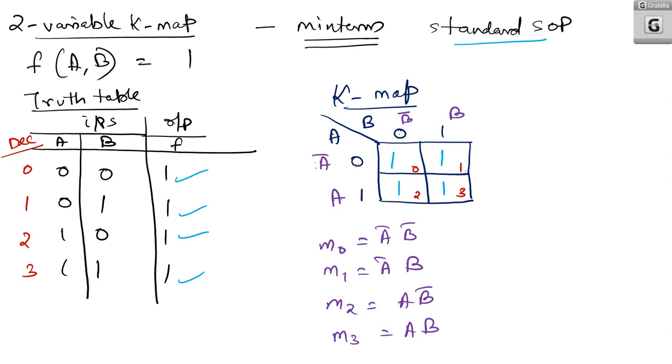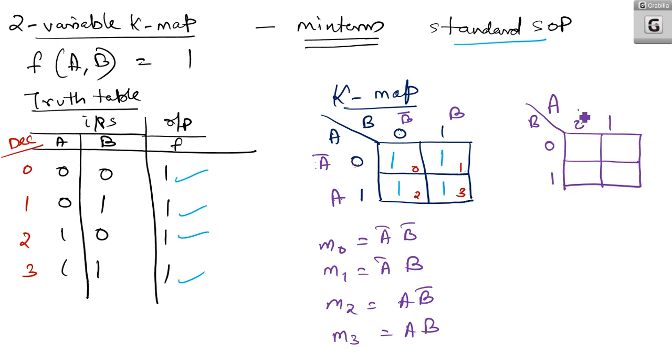Now I can write the same thing in the reverse order also. In the K-map, B will be here and A will be here. A takes the value 0 and 1, B also takes the value 0 and 1.